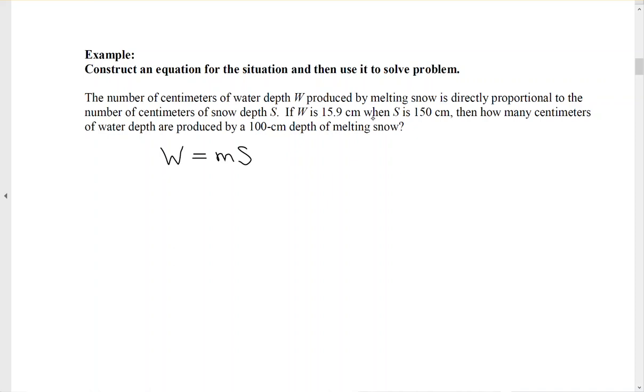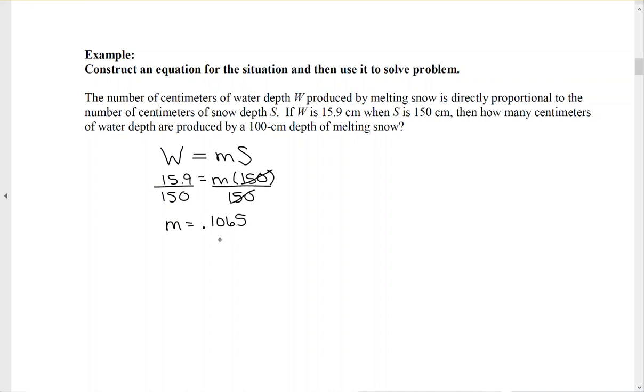So the next two numbers that I see are going to help me find this slope. So W is 15.9 equals M times 150. So divide both sides by 150. And I get M equals 0.1065.